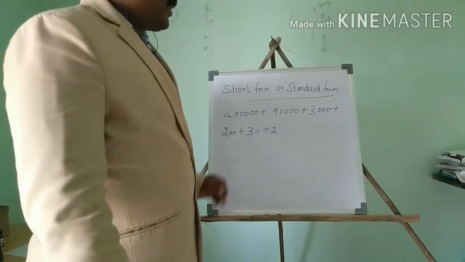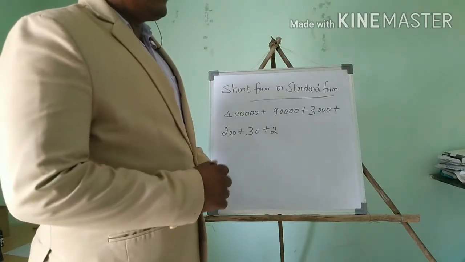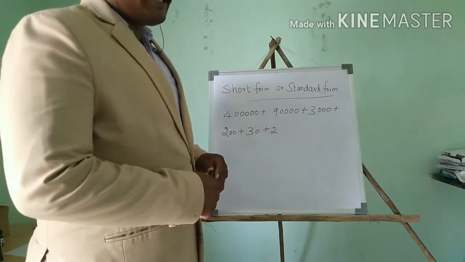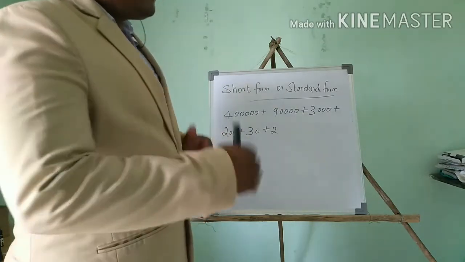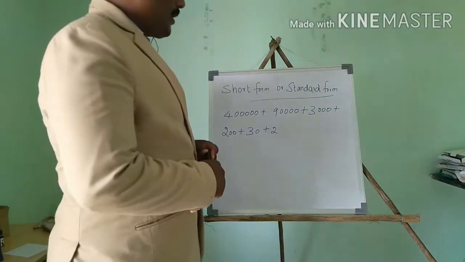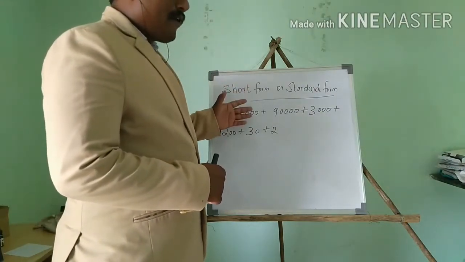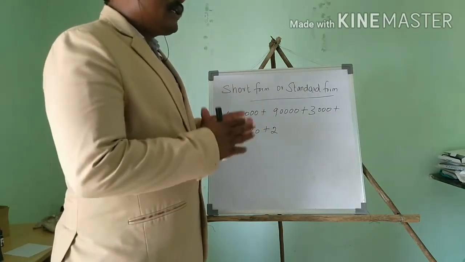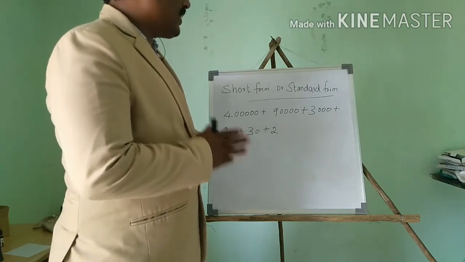Okay, students. Let me show the short form method, from expanded form to short form or standard form. We can say short form or standard form. How do we do it by the easy method? First of all, when we go from expanded form to standard form, we have to remember one important thing.